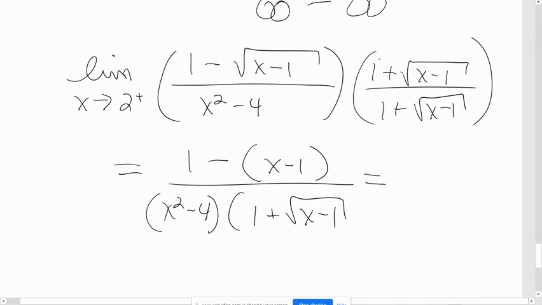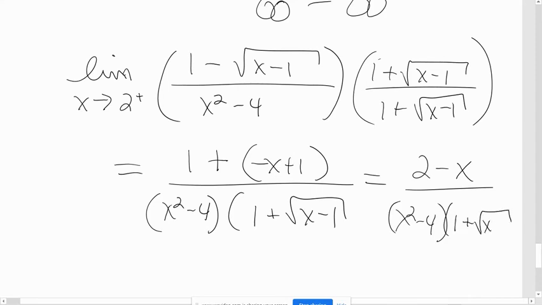Okay, so on the top, I would get negative x. So I got 1 minus, so I'm going to change this to a plus, this to a minus, this to a plus. So I'm going to get 2 minus x over this, x squared minus 4 times 1 plus the square root of x minus 1.